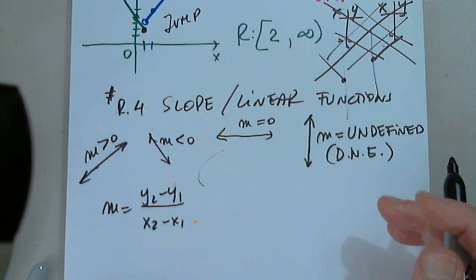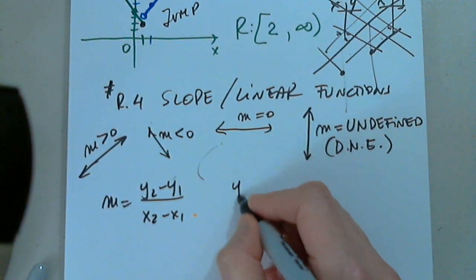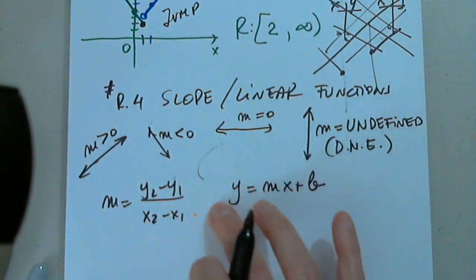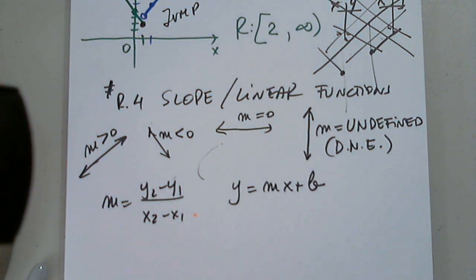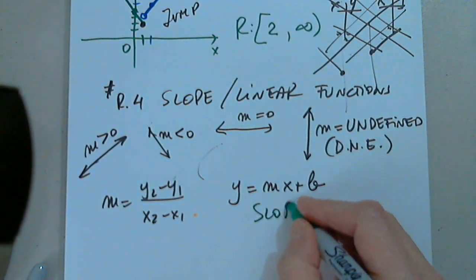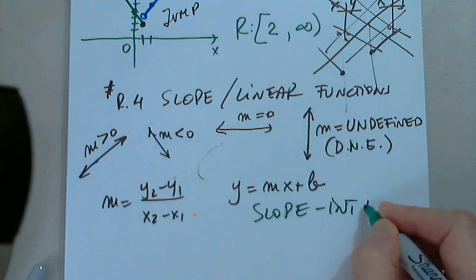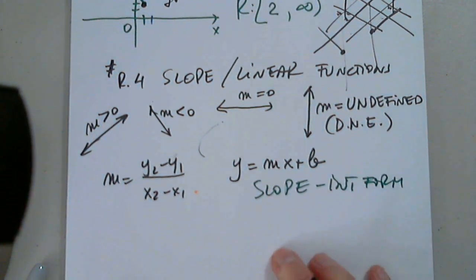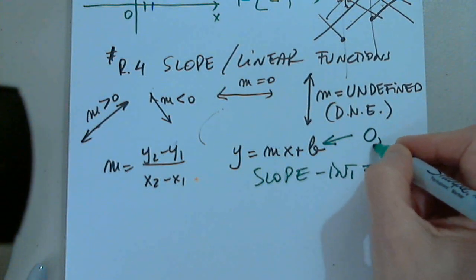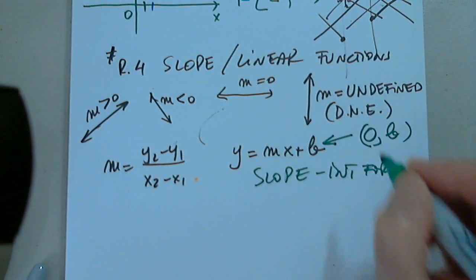Now what I would like to refresh your memory on is y equals mx plus b. Anyone remembers what this represents? Slope-intercept form. Very good. Awesome. Who was that? Levi? Thank you. And of course, this is a point called (0, b).